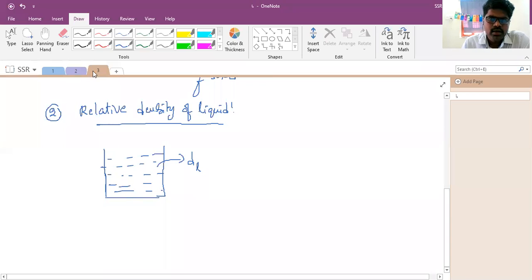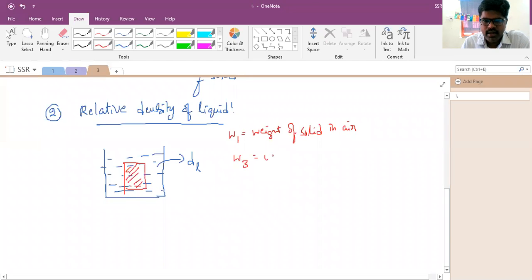Now if you keep the solid body inside this, let us say W1 is the weight of the solid body outside the liquid, that is, the weight of the solid body in air. Next, inside this liquid you can take the measurement again. Let us say W3, because W2 I already took in water.